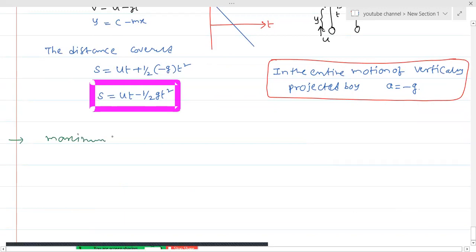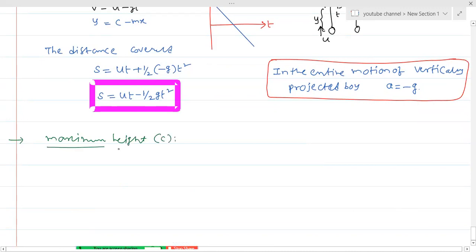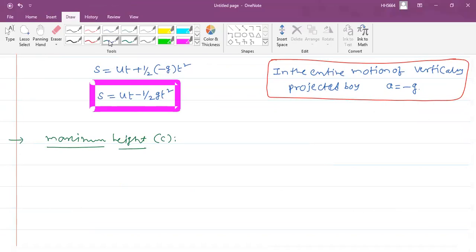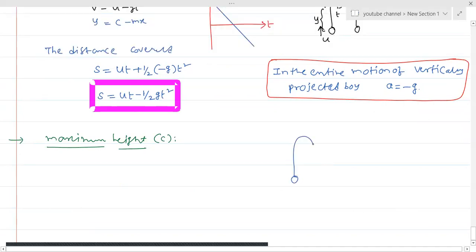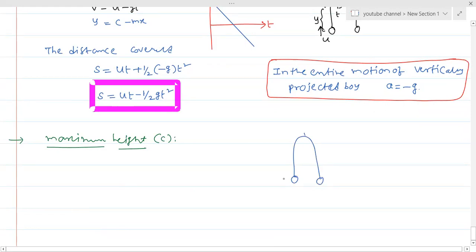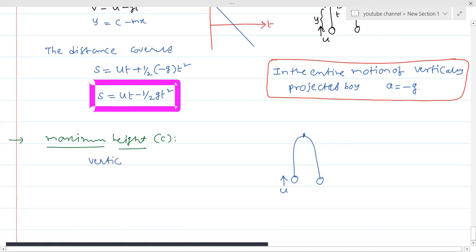We have been taking maximum height as point C. Whenever the body is projected upwards with a speed u, you need to understand that at maximum height, the vertical component of velocity, whatever may be the direction, so if the velocity is along y direction, should be equivalent to 0.